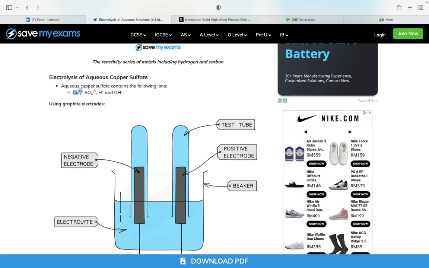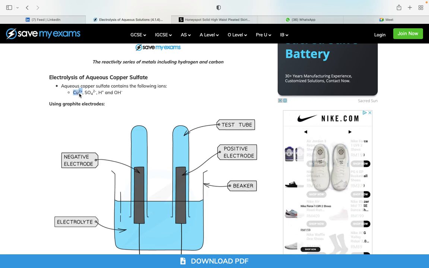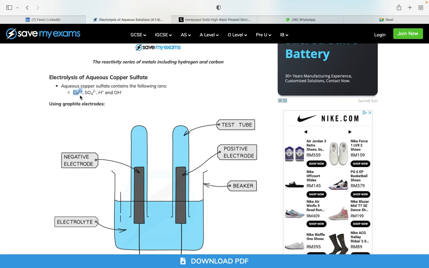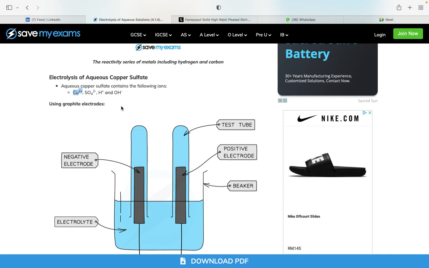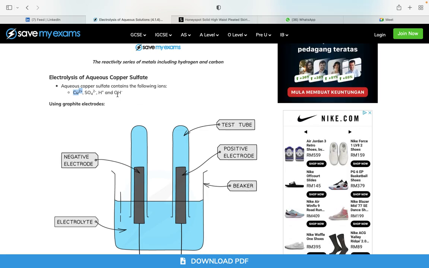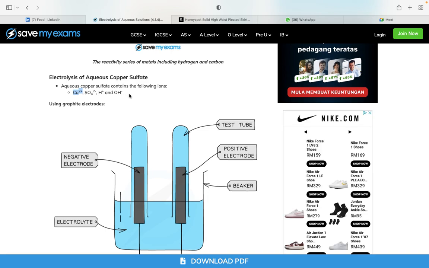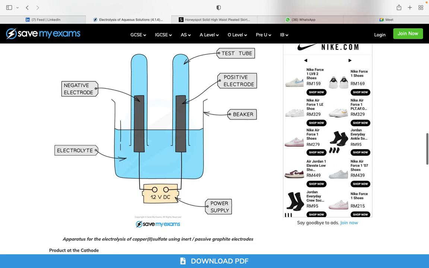Copper is less reactive than hydrogen, right? So copper will be discharged. The copper ion will migrate to the cathode. Between SO4 and OH, which one will migrate to the anode? The OH, right?